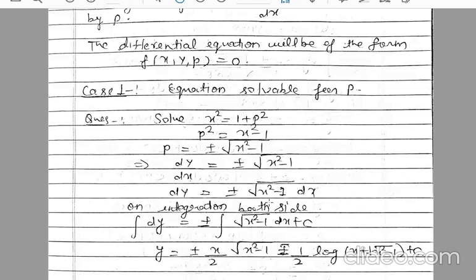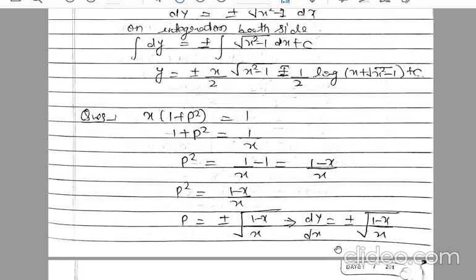Now integrating both sides. So dy integration will be y, and for plus minus square root of x square minus 1 integration there is a direct formula: x by 2 square root of x square minus 1 minus plus 1 upon 2 log x plus square root of x square minus 1 plus c. This is a direct integration formula, right? So this is the final answer.